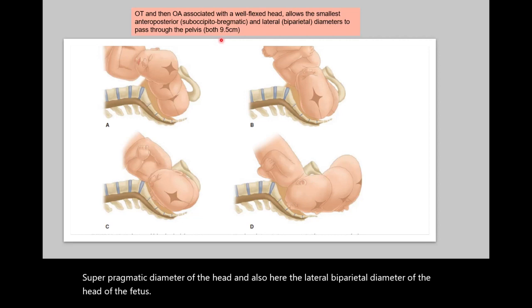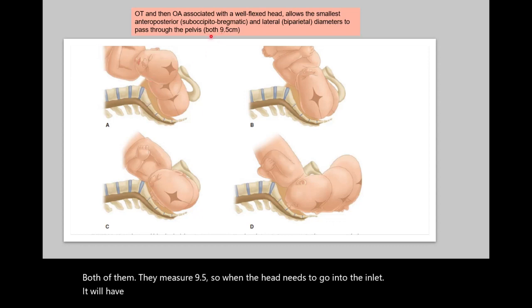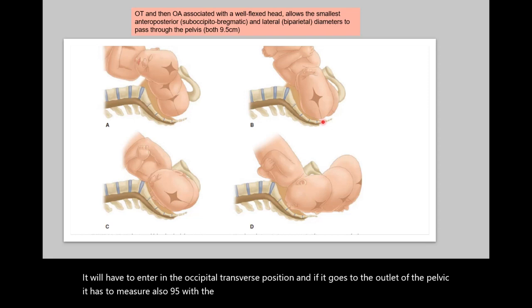Both of them measure 9.5. So when the head needs to go into the inlet, it will have to enter in the occipital transverse position, and if it goes to the outlet of the pelvis, it has to measure also 9.5 with the suboccipital bregmatic diameter.